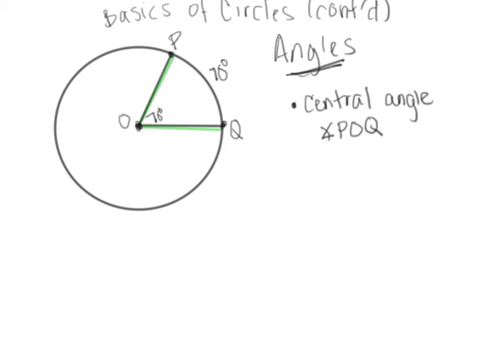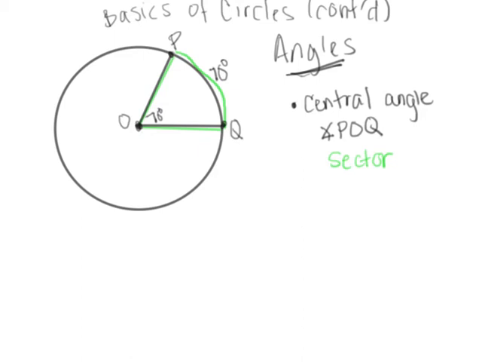This section that I'm outlining here in green, that looks like a slice of pizza, is known as a sector. The sector is formed by the central angle and the arc that meets that central angle.